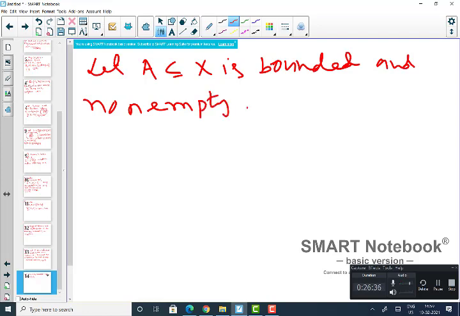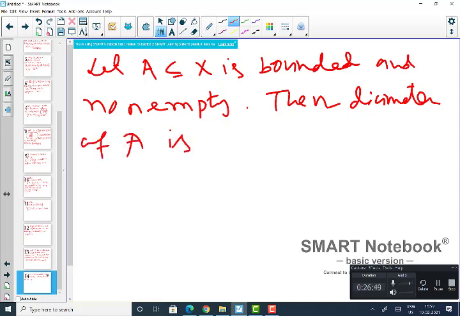Okay, and then we define the diameter of A by this formula. I will write diam A for short. What will this be?